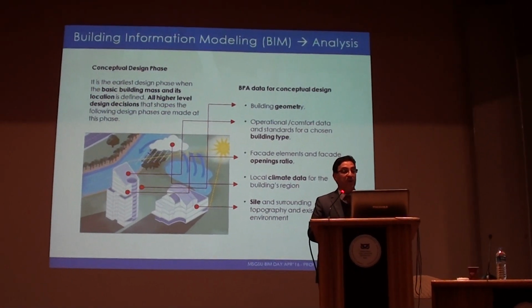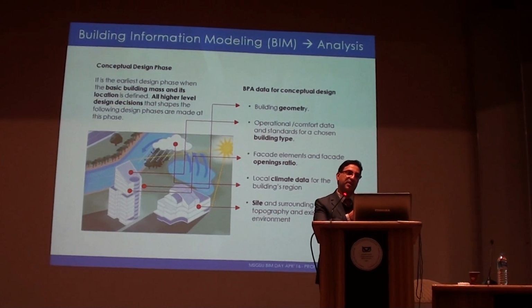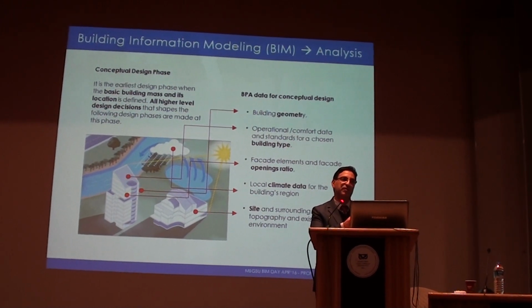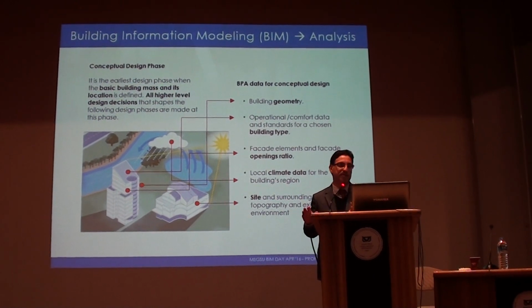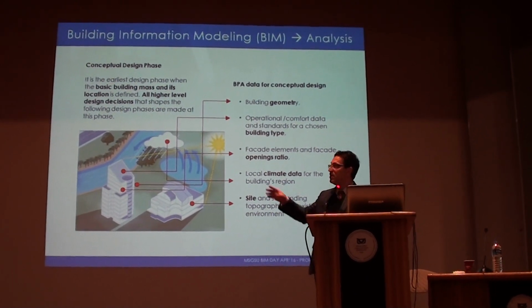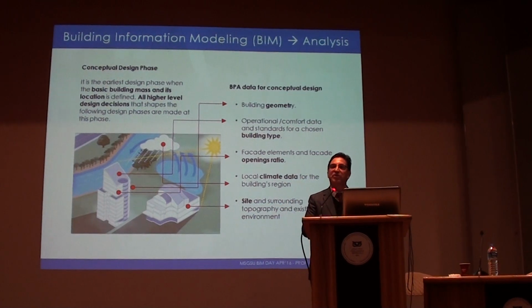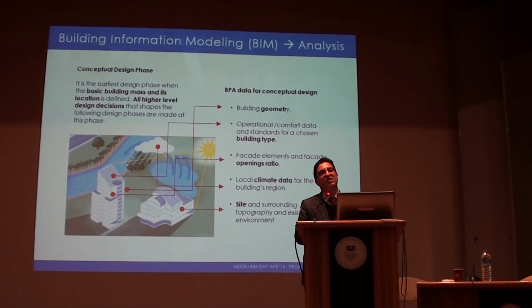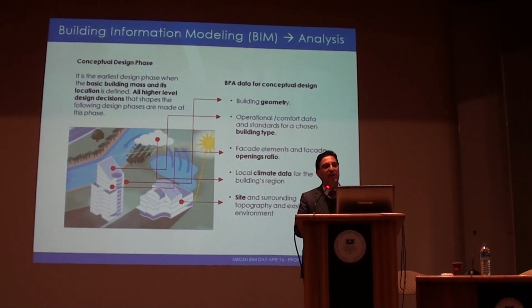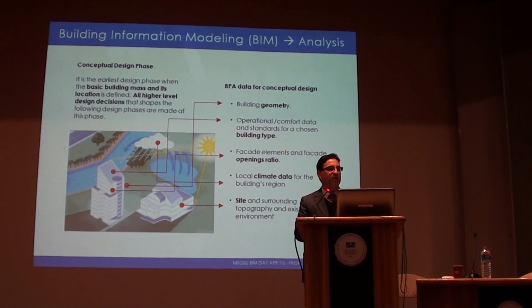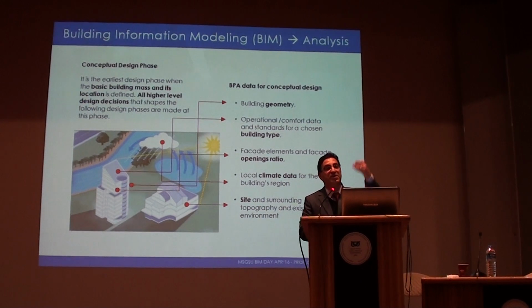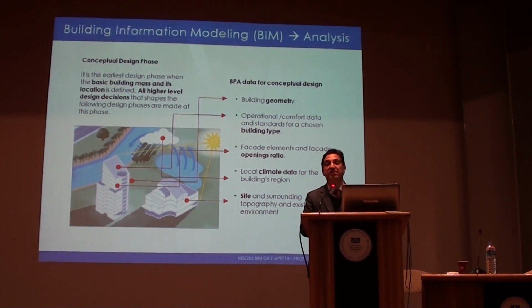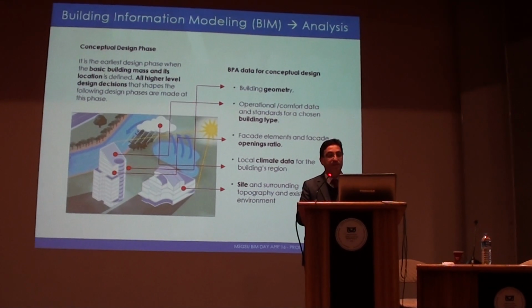I'm talking about the conceptual design phase. We are creating a model for the conceptual design phase, and we want to use this model for performance analysis. These are basic needs that we have to meet to create such an analysis. So we have to know the opening ratio in our building, what percentage of our surfaces contains windows.